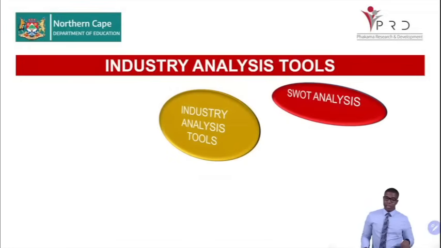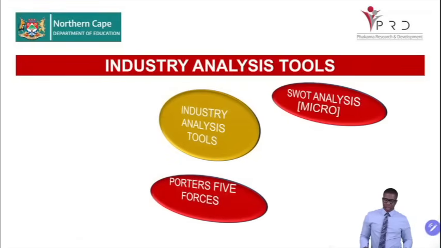When we were looking into the first part, it was on aspects from legislation that may require you to identify. Now we are looking into aspects under business strategies that the examiner might want you to identify from the scenario, like the industry analysis tools, where you have SWOT analysis, which analyzes the micro.